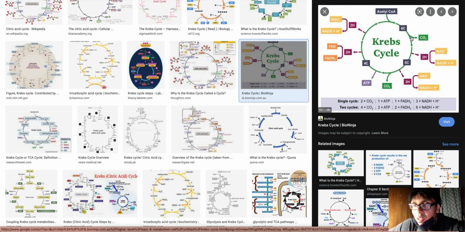And remember, as part of these decarboxylation reactions, you also have CO2 being generated. We start off with acetyl-CoA, which, remember, how big is it? It's 6 carbon, right?